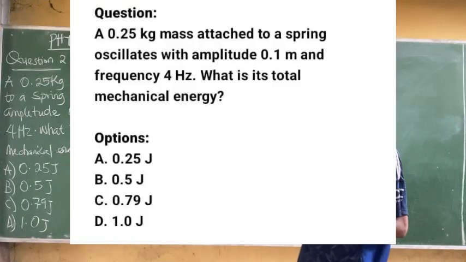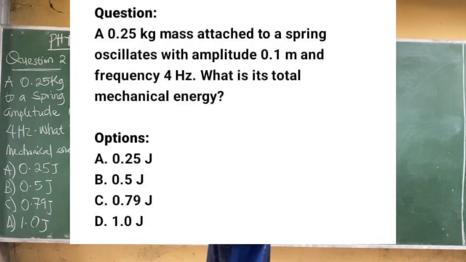Question 2 says a 0.5 kg mass attached to a spring oscillates with amplitude 0.1 meters and frequency 4 Hz. What is the total mechanical energy? A, 0.25 joules, B, 0.5 joules, C, 0.79 joules, and D, 1.0 joules.